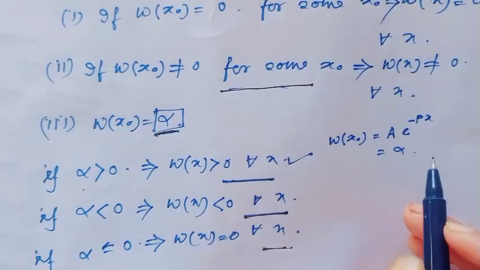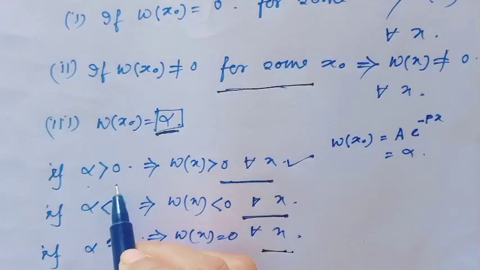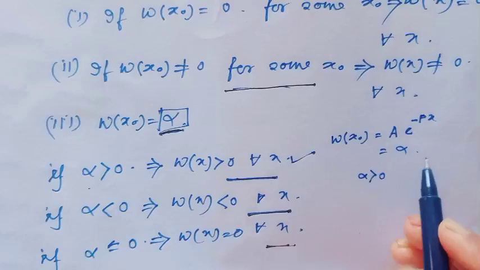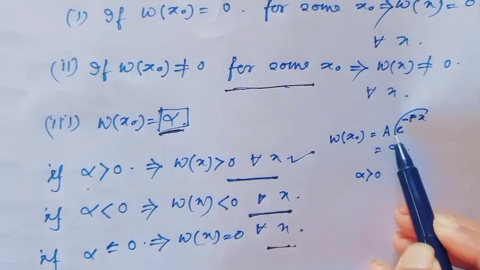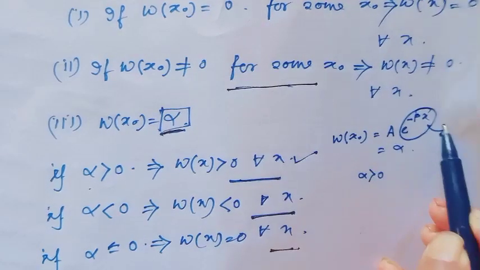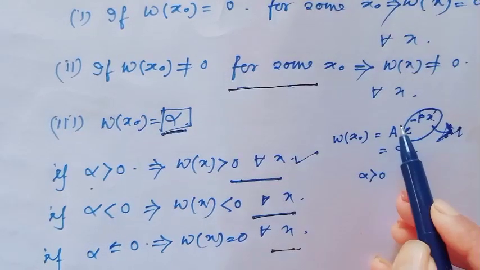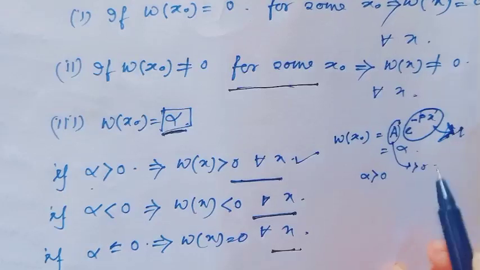Then notice here, given alpha greater than 0 at the point x naught, this is the multiple of constant a and e to the power minus px. And this term e to the power minus px is always greater than 0. Then obviously the constant a would be greater than 0.